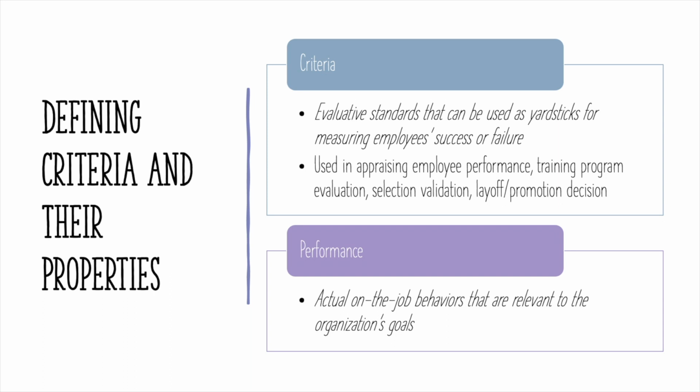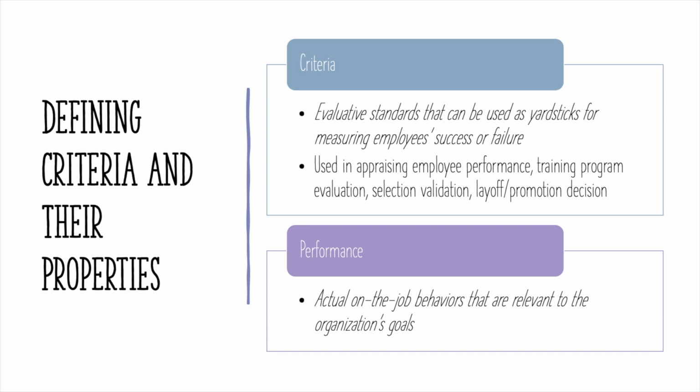Now, I've kind of gone back and forth about using the terms criterion and performance, and I'll talk about that in just a second. But if you're looking for more formal definitions, criterion are evaluative standards that can be used as yardsticks for measuring an employee's success or failure.